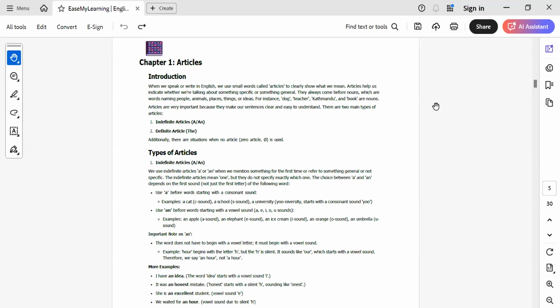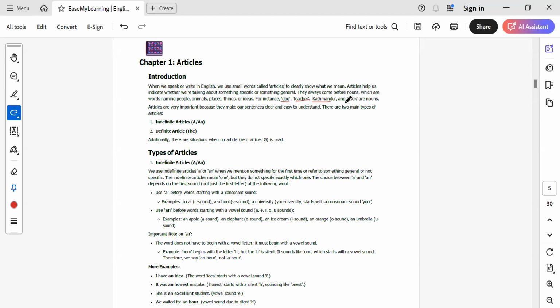For example, if we use the word dog, teacher, or Kathmandu, we have to tell which dog we are talking about, which teacher we are talking about. But when we use the word Kathmandu, we know that there is only one Kathmandu, so we do not necessarily need to specify which Kathmandu we are talking about.